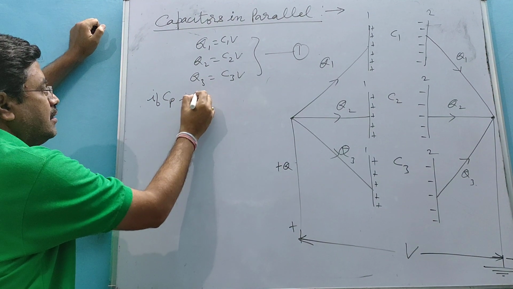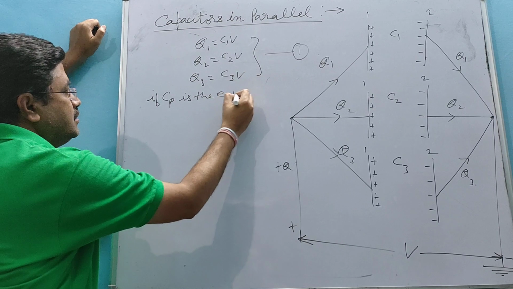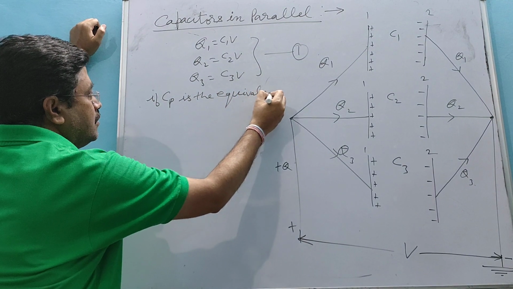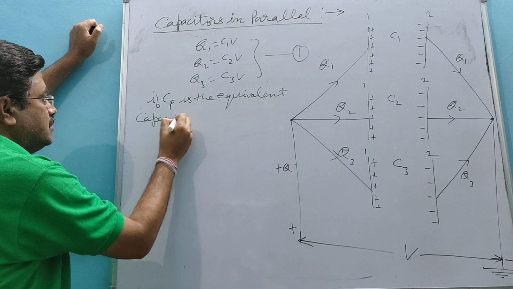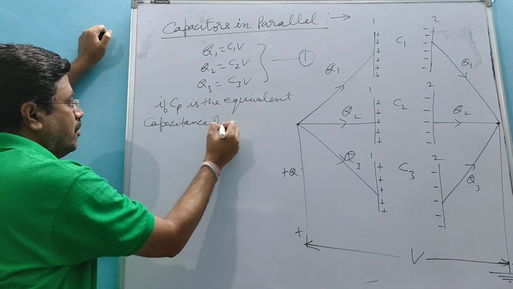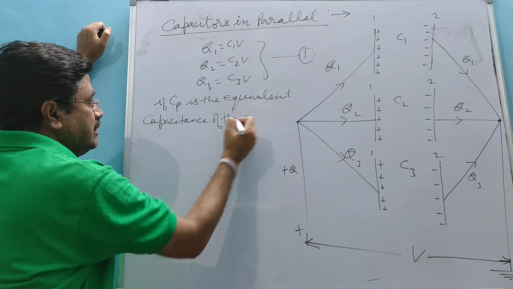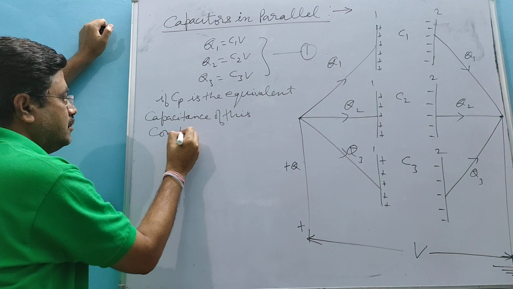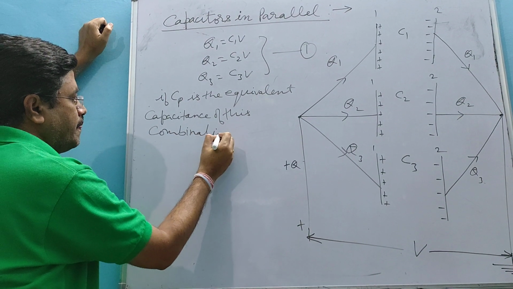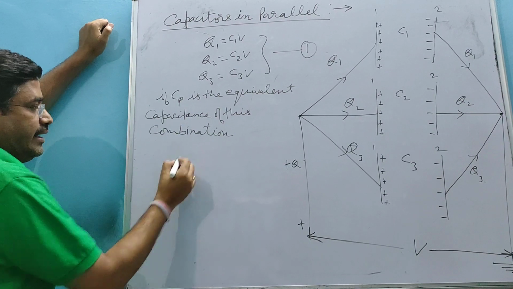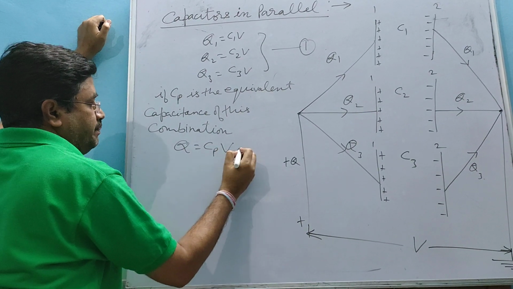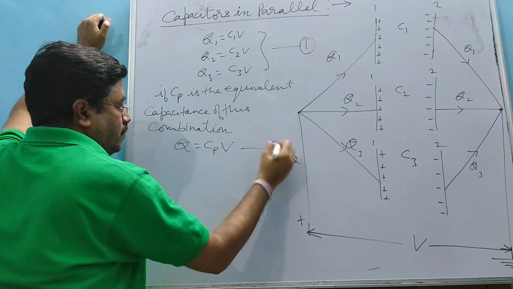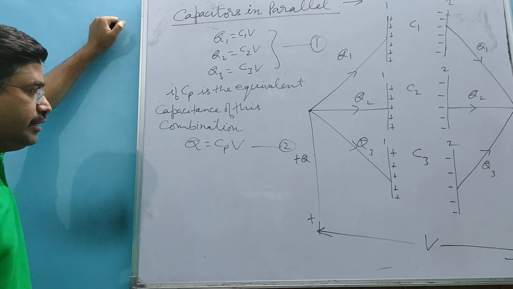If Cp is the equivalent capacitance of this combination, I can write Q equals CpV.